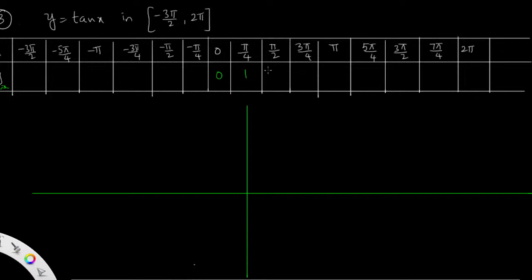So tan pi by 4 is 1. Tan 90 is infinity. And then tan 3 pi by 4, which is minus cot theta, that is minus 1. Tan pi is 0. Tan 5 pi by 4 is 1. And tan 3 pi by 2 is infinity. Tan 7 pi by 4 is minus 1. Tan of 2 pi is 0.